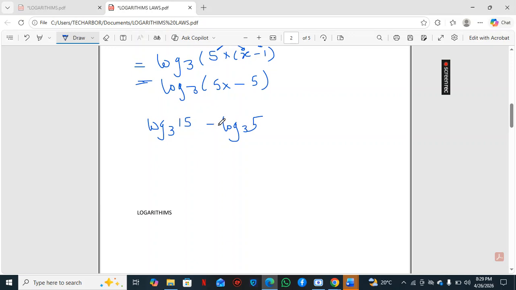Since these are subtracting each other, always make sure that the bases are the same. As you can see here, the base is 3. So this is what you're going to do.